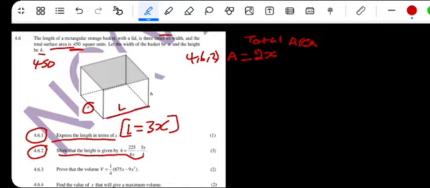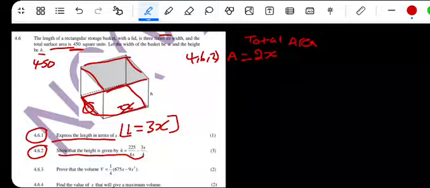That length will be equal to 3x, since we've seen it is 3 times the width. So the area of the bottom one will obviously be the same as the top part. The bottom one and the top one will be the same.